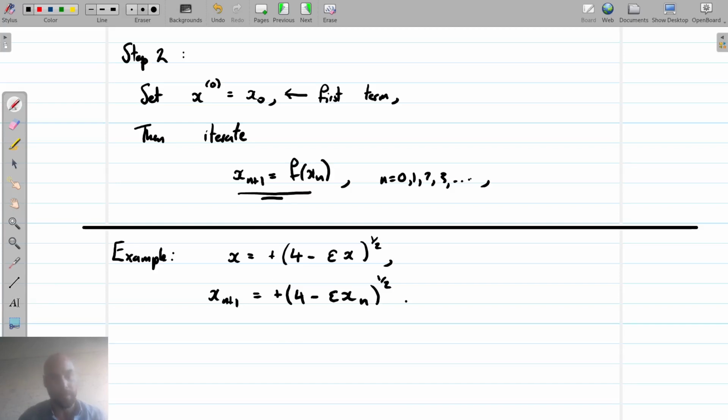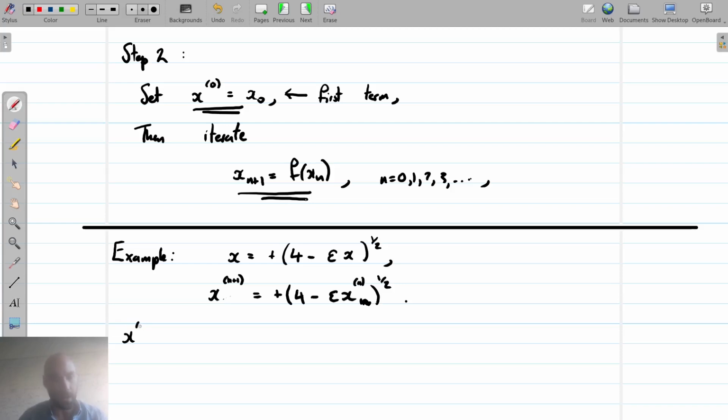Now this is a series where I can keep iterating, I just need to get it started. The way I start my series is I set x naught equal to x naught. Oops, sorry, I've messed up with my brackets there. I should have written an n plus 1 up here. Let me cross that out and write an n there.